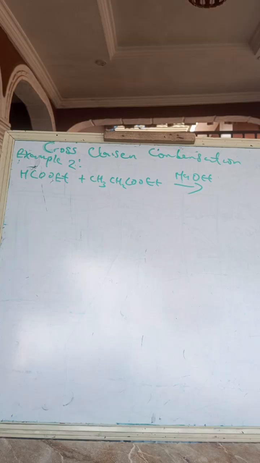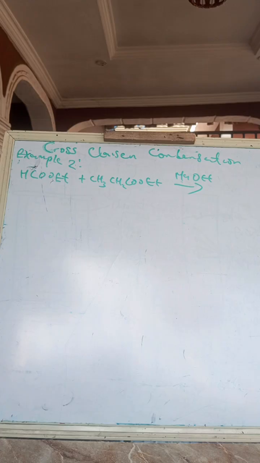So we have our example 2 under cross-Claisen condensation. We have our ethyl formate and our ethyl propanoate undergoing cross-Claisen condensation. You can figure out that on one group there is the presence of alpha hydrogen, while on the other group we don't have alpha hydrogen.